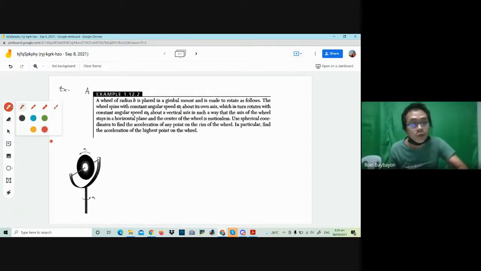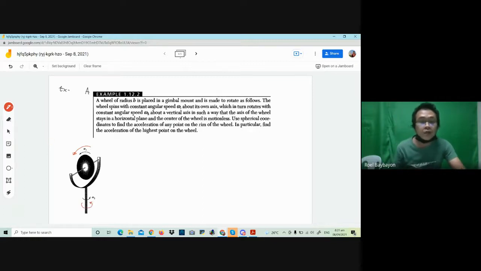This wheel rotates with some angular speed of omega 1. Okay, and we assume that angular speed as constant. Also, the gimbal rotates with some angular speed of omega 2.